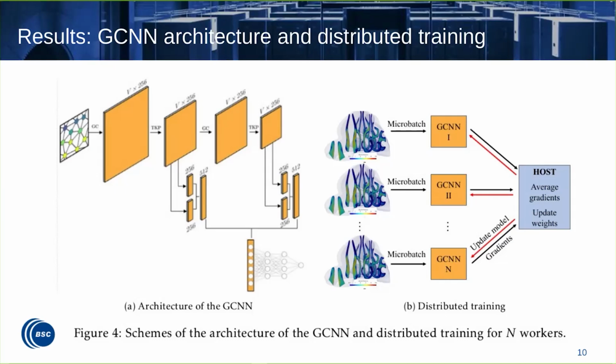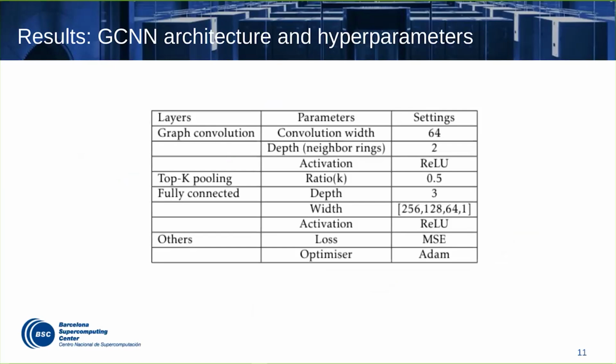Each worker uses a subset of the data set to perform the training, and one of the workers is the host worker, which takes care of averaging the gradients and updating the weights. Rakesh will explain this framework that they developed better, but we use it to have a distributed framework for the training.